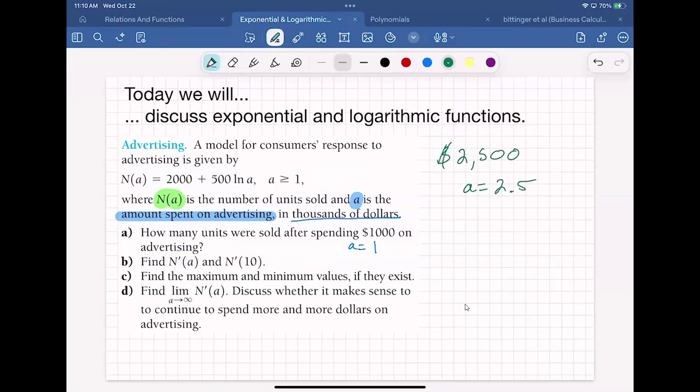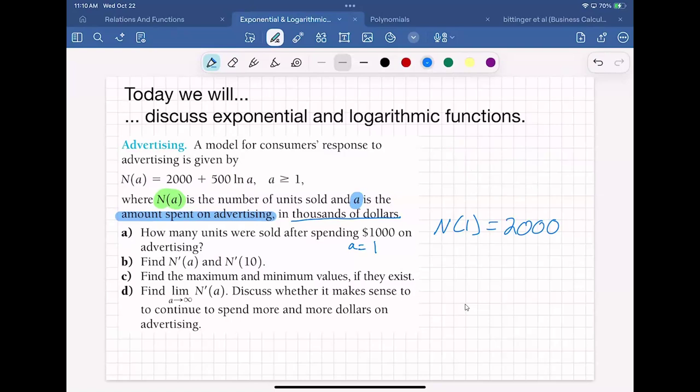So be careful to always check your problems when you're dealing with stuff like that. So here, we want to say, what is N of 1? That's going to equal $2,000.